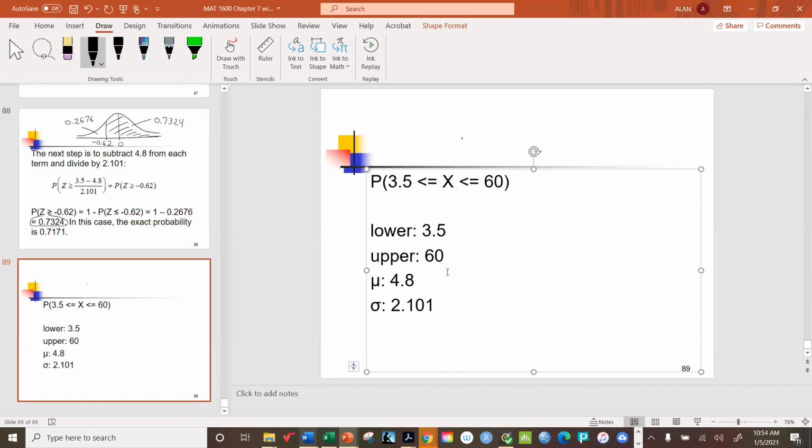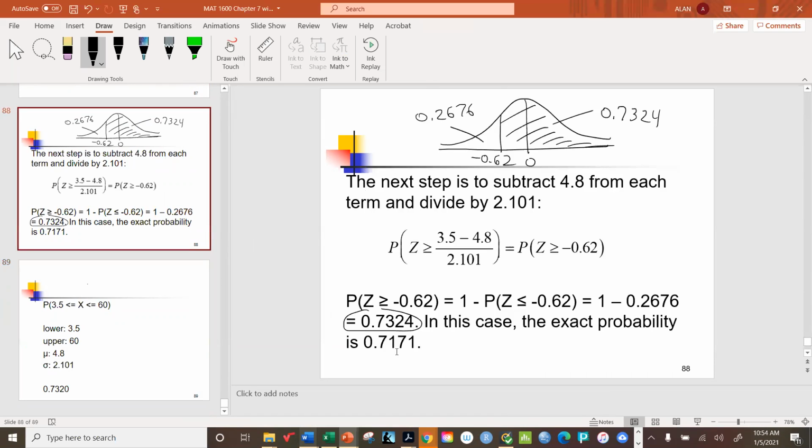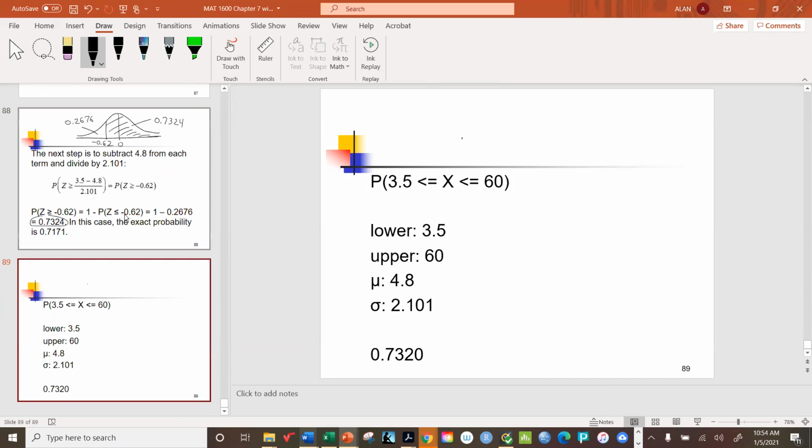So it's going to end up being about 0.7320, which is not bad. Since the exact probability, oh, it's 0.7171. Wow. So we're getting off a bit here, aren't we? And again, it has to do with the upper and lower limits and the continuity correction.